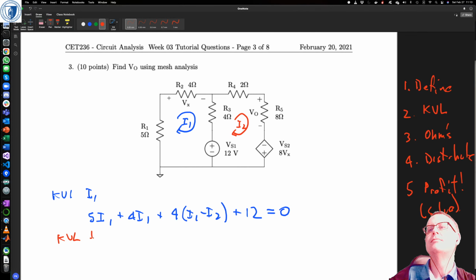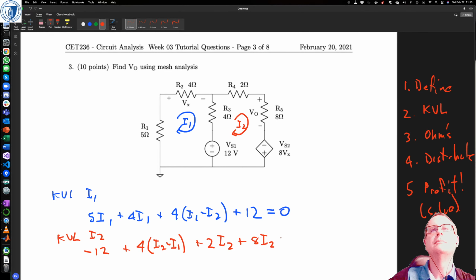And for I2, starting with the voltage source, you'd be minus 12, plus 4 times, going the opposite direction now, I2 minus I1. And then going around the circle, it'd be plus 2 times I2. And for the 8 ohm resistor, it'd be 8 times I2.